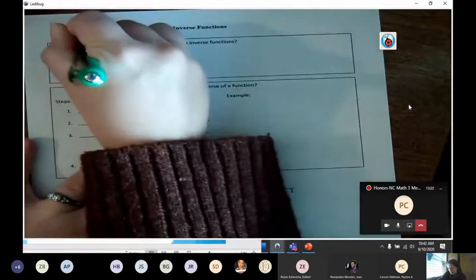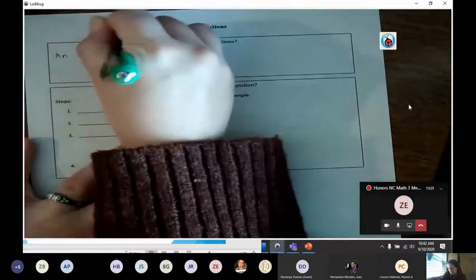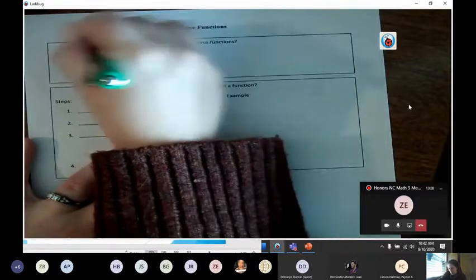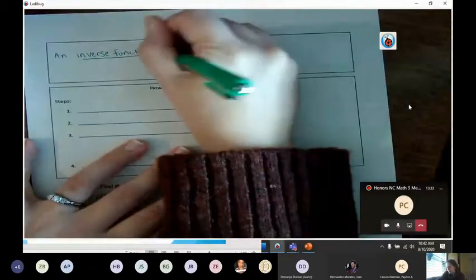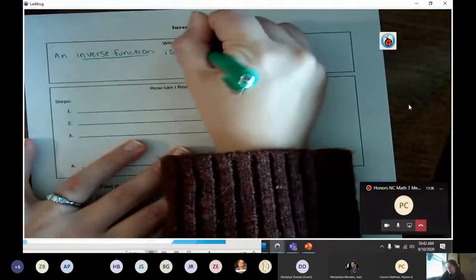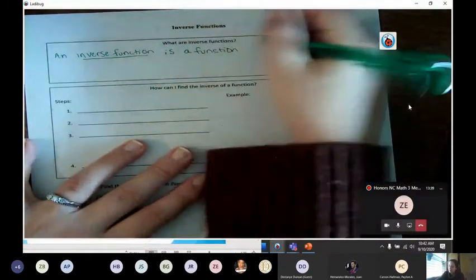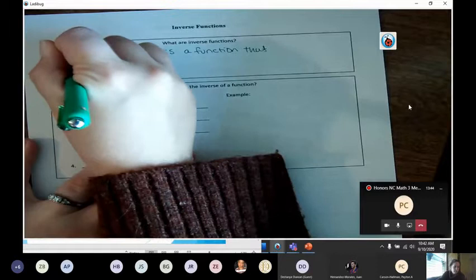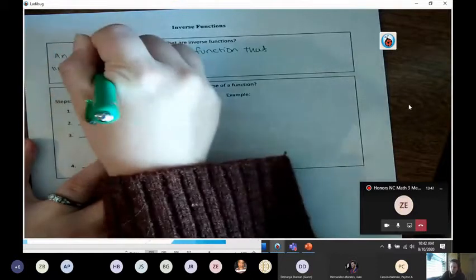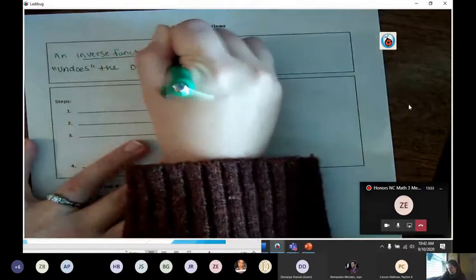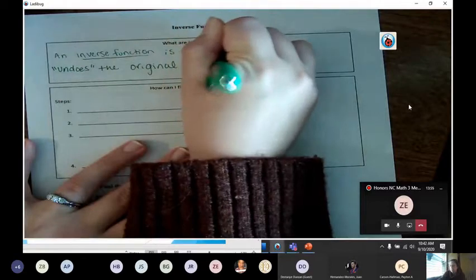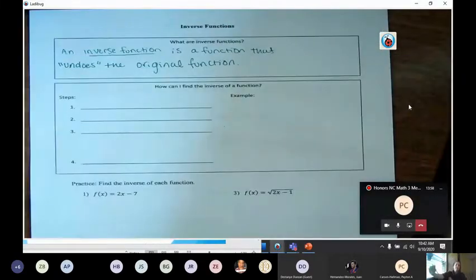Okay, so an inverse function, okay, we're defining it right here, is a function that undoes the original function. Okay, so it does the opposite of what the original function did.